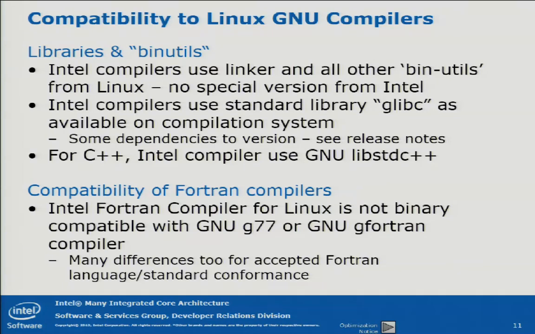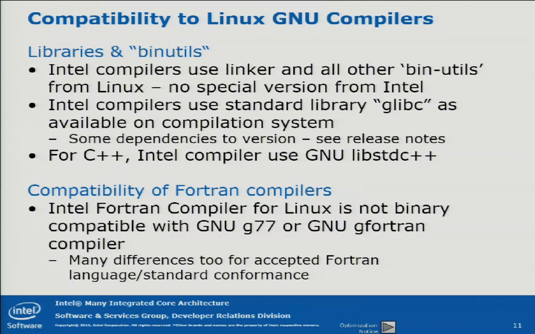OK, what about compatibility to other compilers? So C, C++, it really looks good because we are fully compatible to GCC. That means we are not shipping our own runtime library. We are not shipping our own assembler. Basically, what we do is we compile everything to assembly level and then use whatever infrastructure we have on the system.